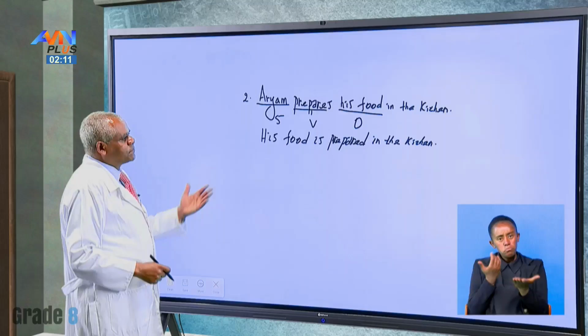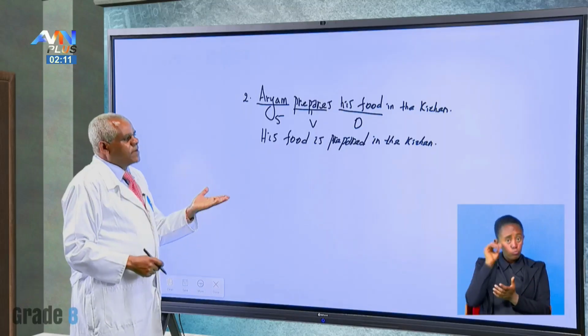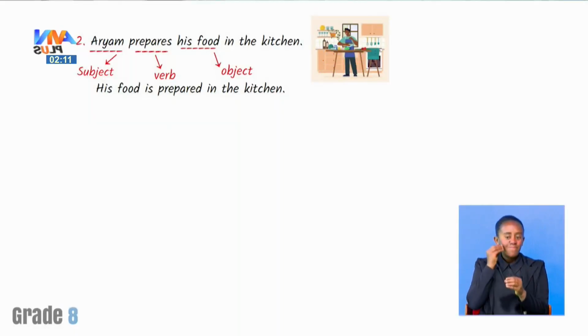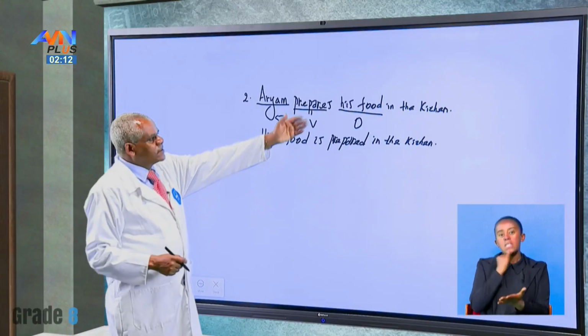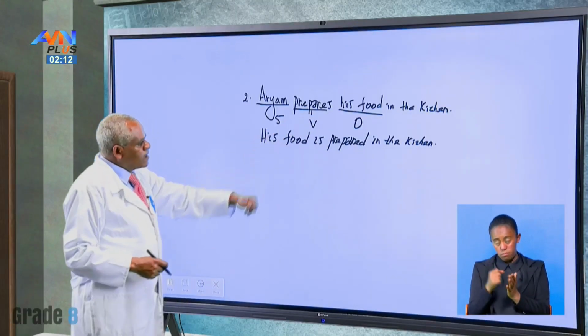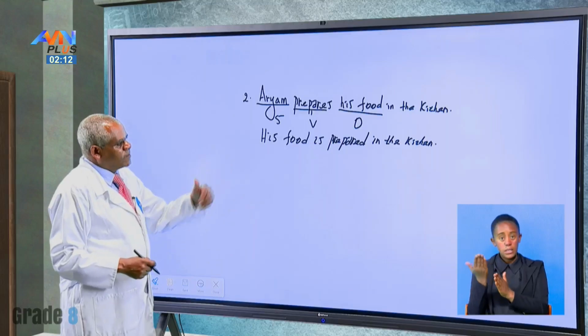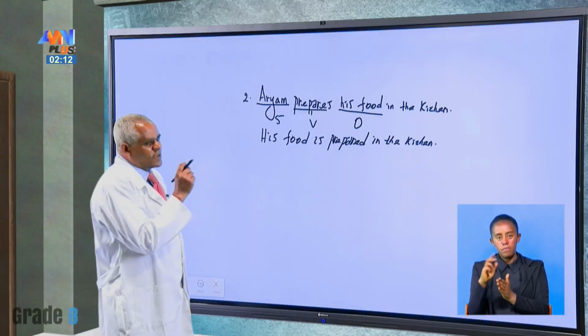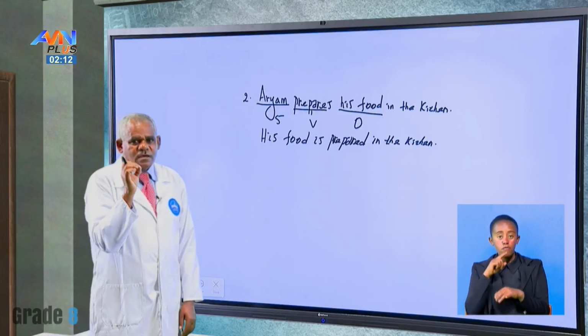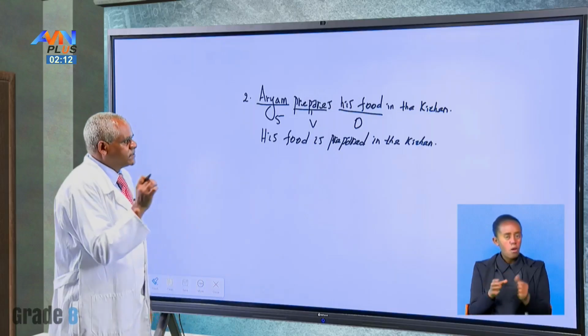His food is prepared in the kitchen. This is a passive voice. Because food is an uncountable noun, it takes is. Still now, don't forget that those verbs to be, is, are, are very important.